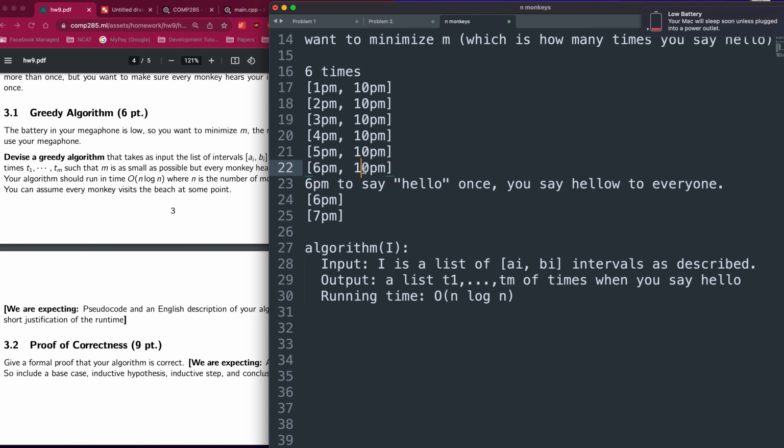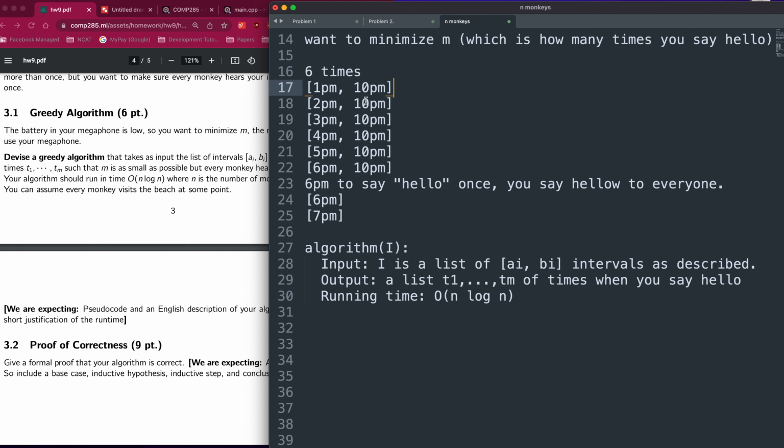Therefore, if you don't say hello then, you will have missed the monkey, which is the thing you have to avoid, right? So in a sense, the greedy solution in this case is wait till the last possible minute to say hello and then say hello, right? Because what that means is that you are accumulating as many monkeys as possible on the beach. And then as soon as that one monkey is about to leave, then you say hello.